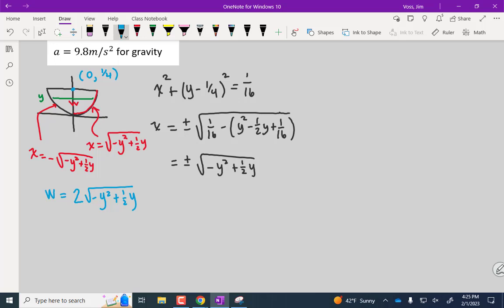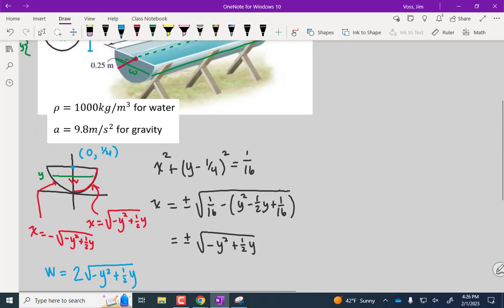Or you can say to yourself, this function here is measuring half of W, half of the chord width, and you double it to get the full chord width. So that is the width of our representative slice. It's a function of y, right? It depends on how high you are in the trough. When y is 0, your width is going to be 0. And when you get up farther, the biggest your width is going to be is up here at the top.